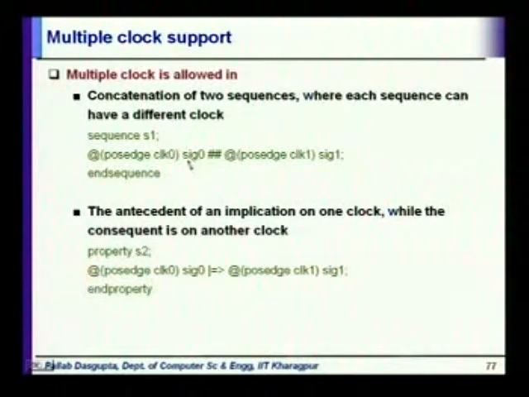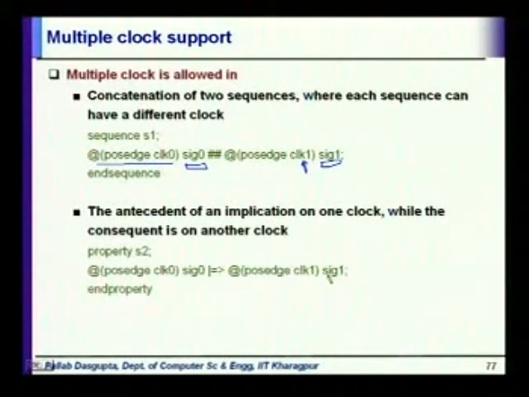So, you see that this sequence will be evaluated with this clock, and this sequence will be evaluated with this clock. If this sequence has some hash 1, then that is going to be interpreted with this clock, and if this sequence has some hash 1, then it is going to be interpreted with this clock. Then you can also have the antecedent having one clock definition and the consequent having another clock definition, that is also permitted.